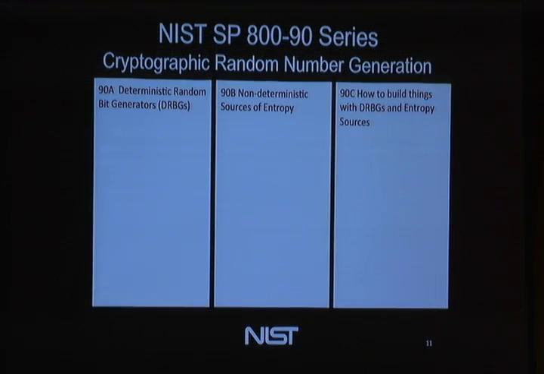Okay. So now let me talk a little bit about the NIST 800-90 series. It's about cryptographic random number generation, and this is the document. This document has 3 parts: 90A, 90B, and 90C. 90A is related to deterministic random number generators, which are basically pseudo-random number generators.